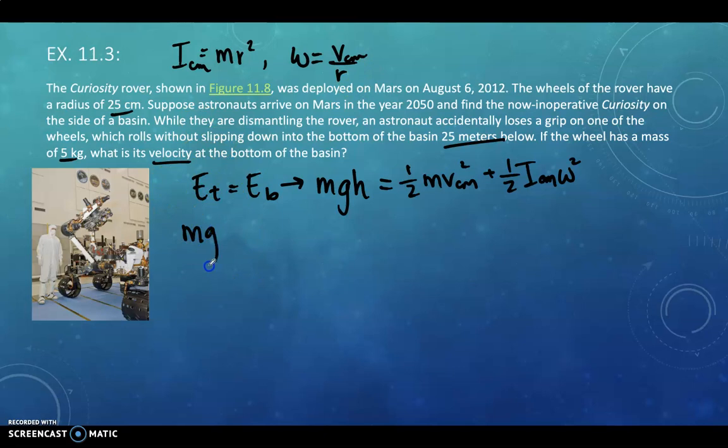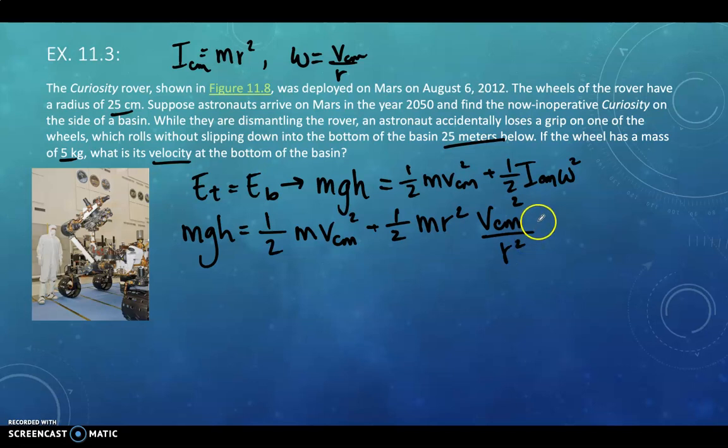So we have mgh is equal to 1/2 m v center mass squared plus 1/2 I, which is going to be mr squared, times omega squared, which is v center mass squared over r squared.